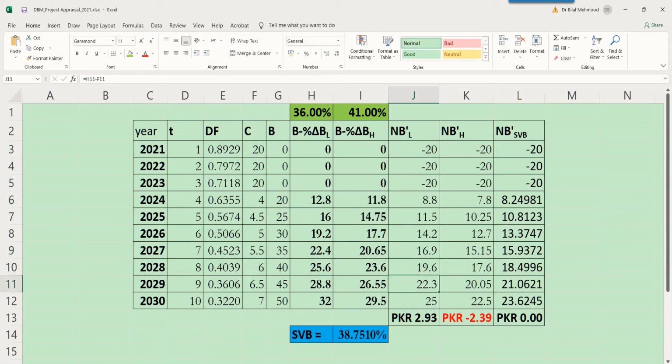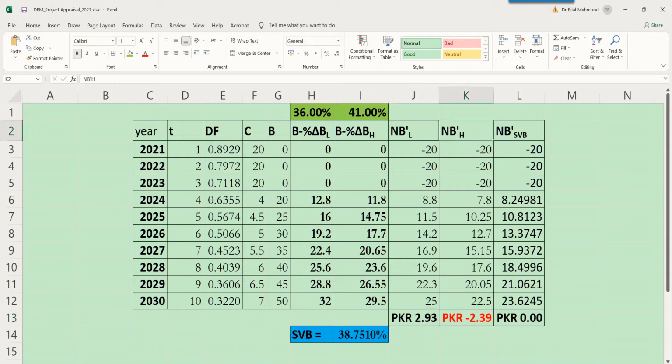Let's verify if the selection is correct. The new benefits after lower change in them and the old costs, we take the difference, we get this series of values, and when we add them we get the NPV by discounting them at 12%, which is positive.